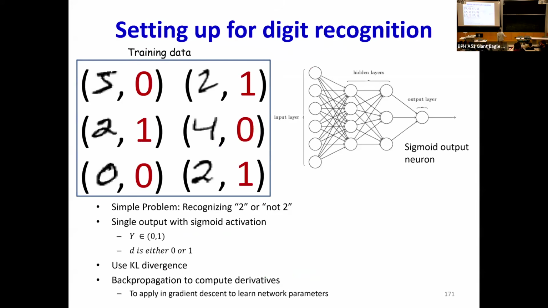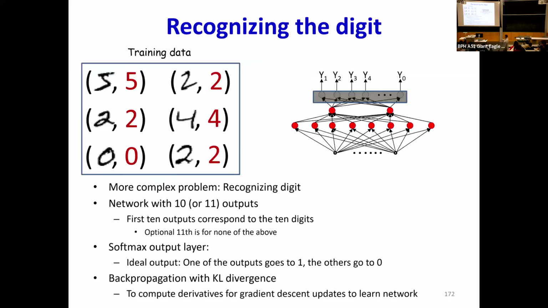If we're setting up for digit recognition or something of that kind, I'm just going to be given data of this kind. I've defined my input data, where the class labels are either binary, if I'm performing binary classification, or multi-class, in which case I'm going to convert it to one hot. And then for this, I'd have a softmax layer here. I'd just have a sigmoid. And then just use the simple backpropagation rules to compute the derivatives with respect to all network parameters and use them in gradient descent.